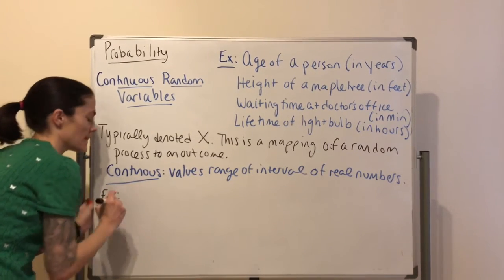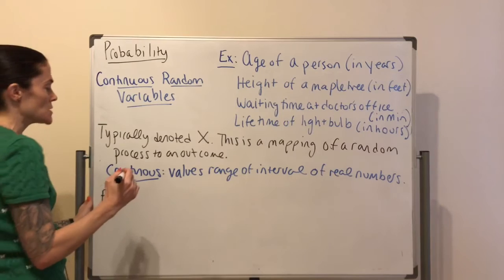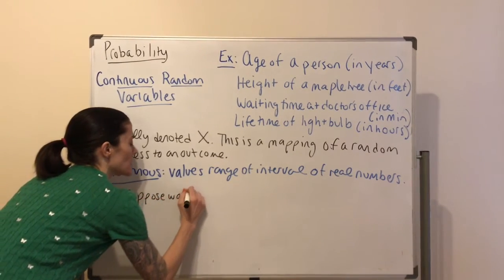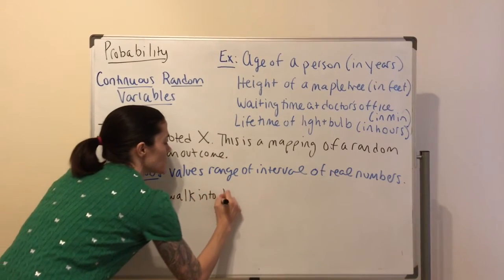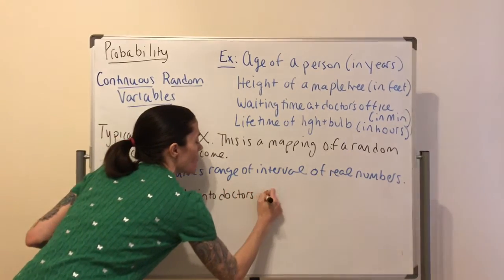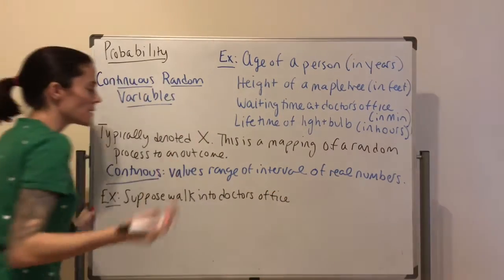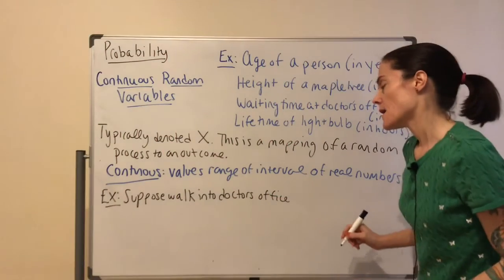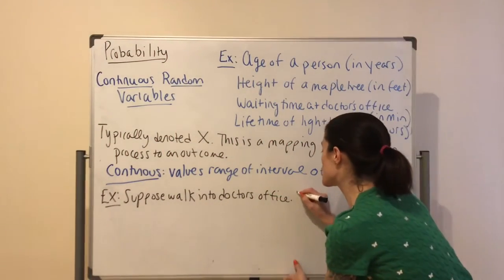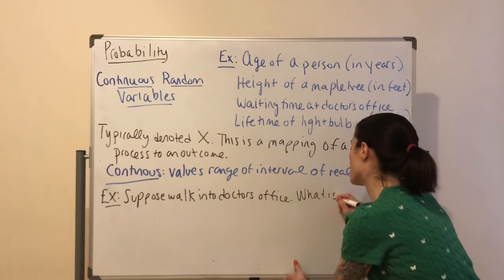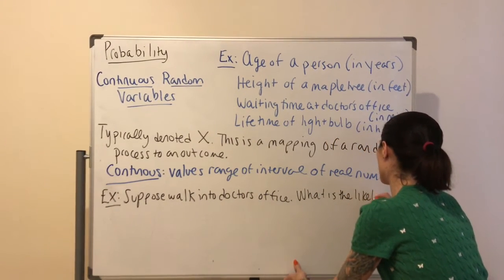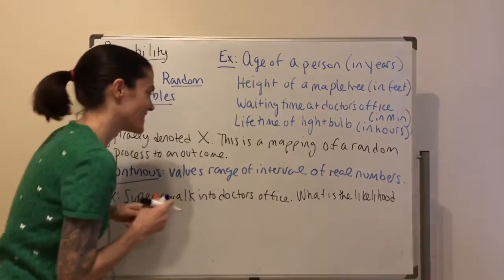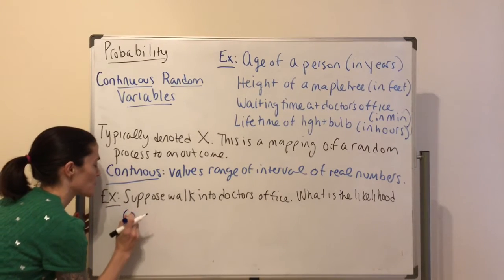Okay, now there's one more piece of notation that I would like to discuss, and let's just ask a question, and this will lead us to the notation. So let's suppose you walk into a doctor's office, on some random day that you happen to have an appointment. And the question is, what is the likelihood, and now I'm going to bring in the math term, which is probability.